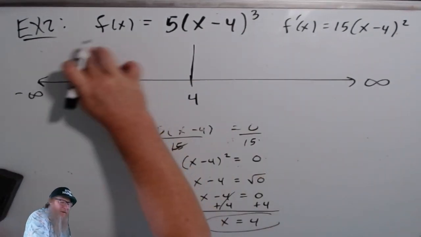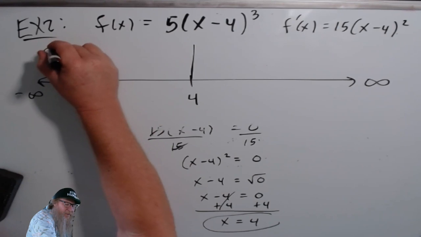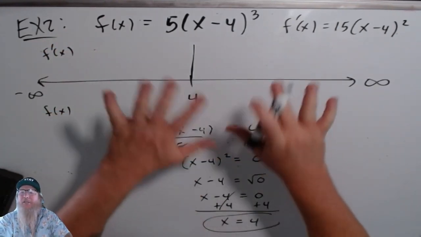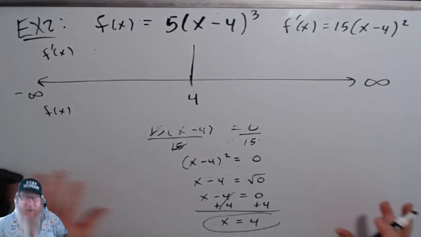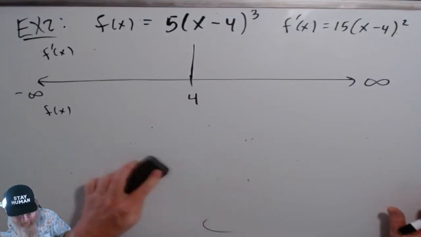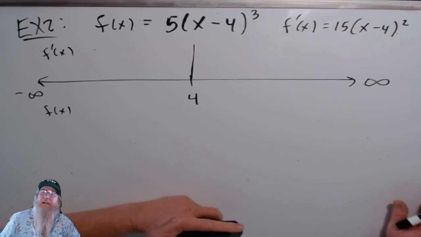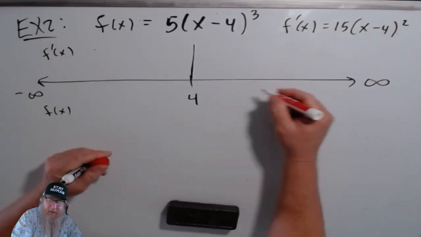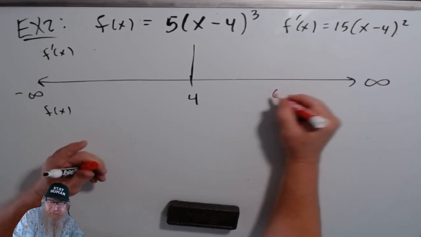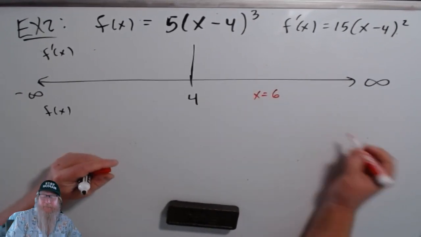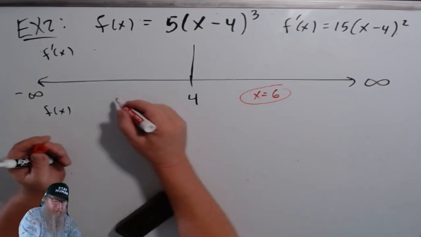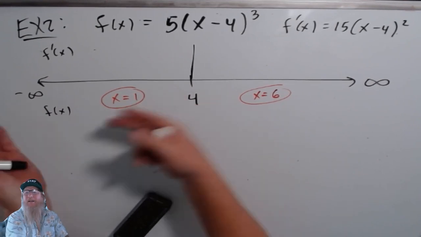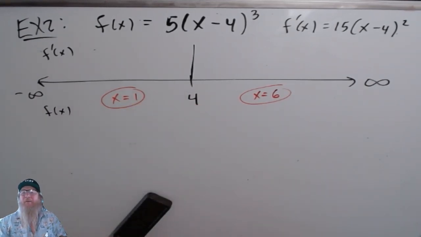All right, now above I usually do the derivative, and below I usually do the function itself. Although this is just a test, it doesn't really count as a graph. It's just giving me an idea of what the graph looks like. So again, let's pick a test number over here, 5, 6, whatever you want to pick. And over here, 1, 2, whatever you want to pick, 0, as long as it's to the left of 4.